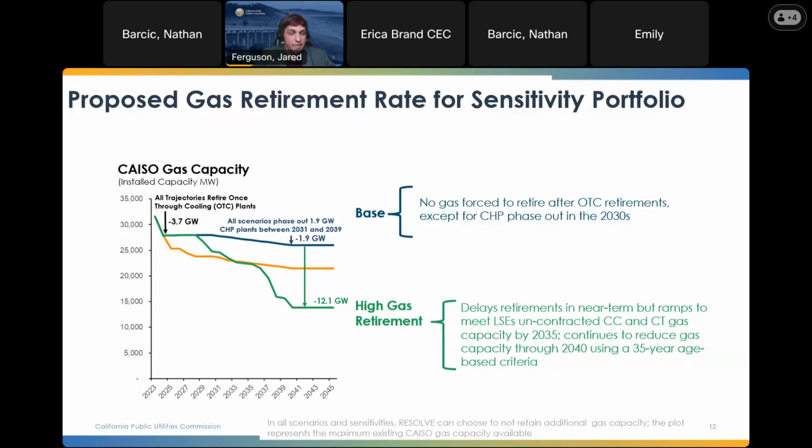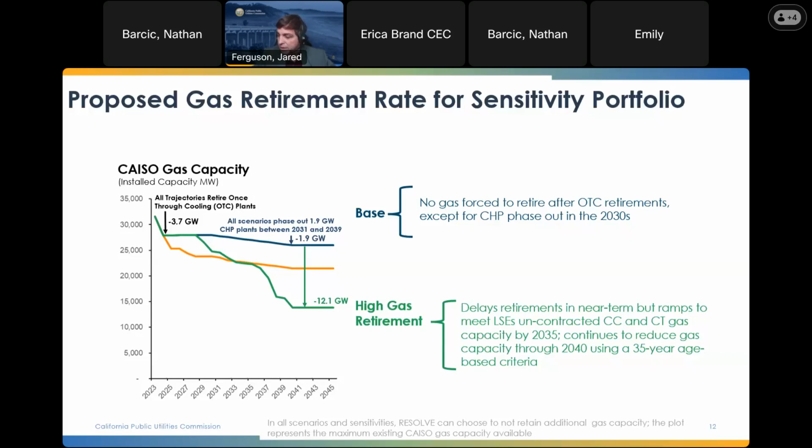The sensitivity builds on that by retiring, between 2028 and 2040, roughly, about 12 gigawatts of additional gas retirements. And I'll note here that the text shows how staff came about the 12 gigawatts amount of retirement.